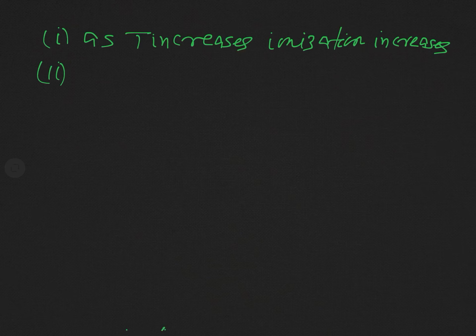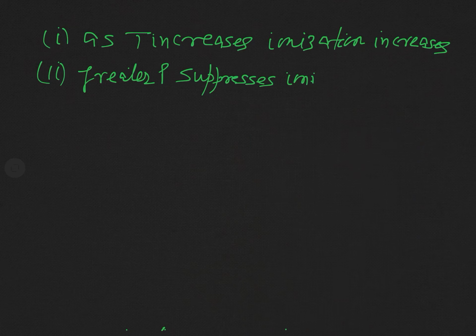But on the other hand, number two, greater P suppresses ionization. It means with increase in pressure, ionization decreases.